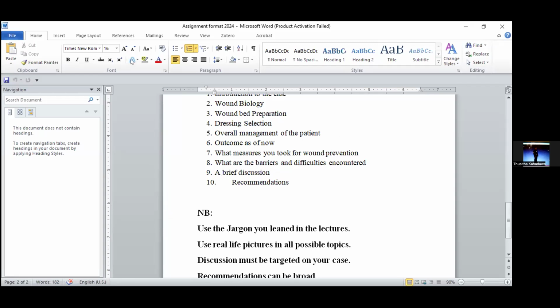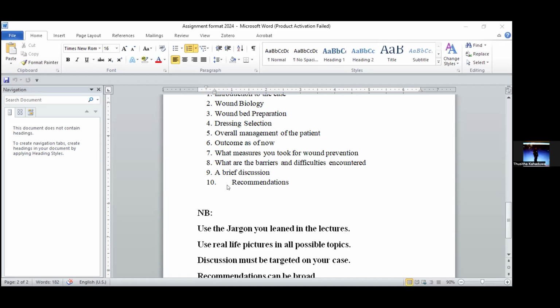And a brief discussion on what you did as opposed to what others are doing in the international literature, what is available in the international literature for this kind of a wound.